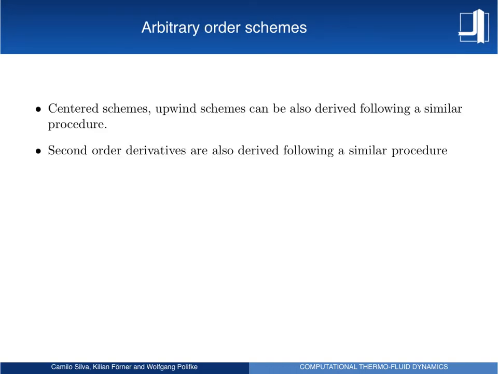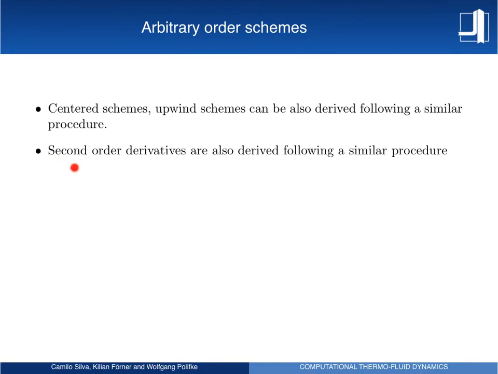So as pointed out, you saw that the numerical scheme we derived was a downwind scheme with a uniform mesh, because we use delta x just as the distance between any two nodes. But remember that you can actually use what we just learned to derive centered schemes, upwind schemes, and you can also consider grids that are not uniform if you want.